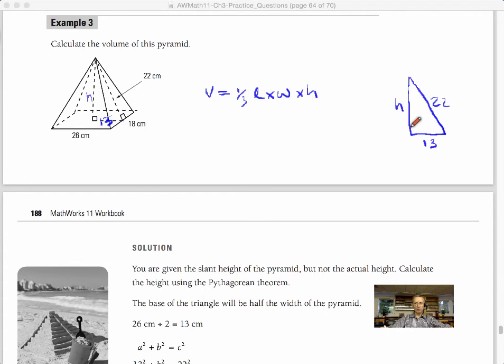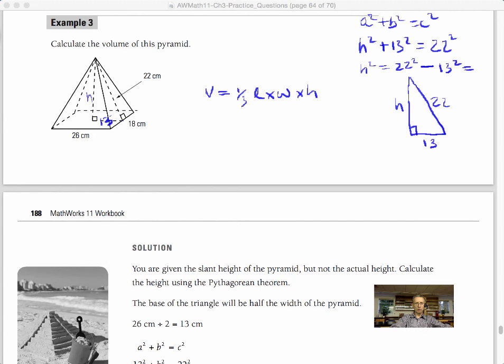Well, remember, for a right angle triangle, this side is the C side, the hypotenuse. So we have A squared plus B squared equals C squared. So height squared plus 13 squared equals the hypotenuse squared, which is 22. So height squared will equal 22 squared, I'm going to bring the 13 squared to the other side. So I have to subtract it off both sides. And now you get an answer for height squared, which you've got to square root.